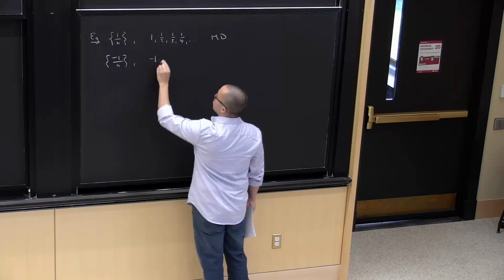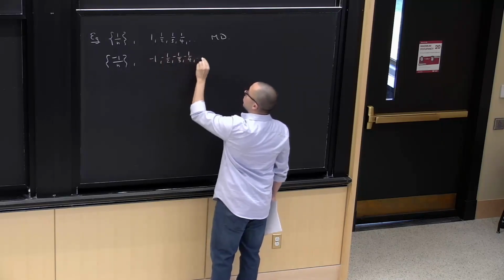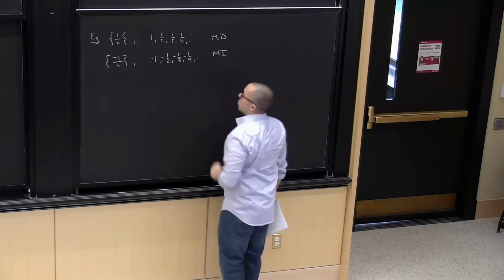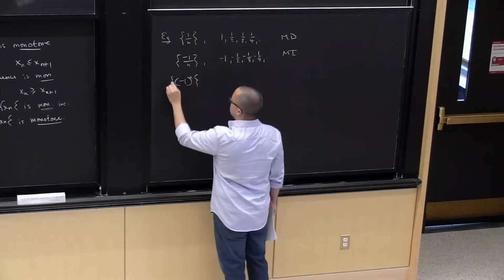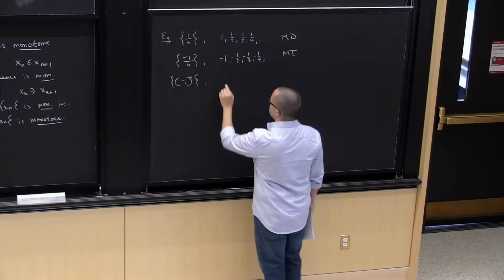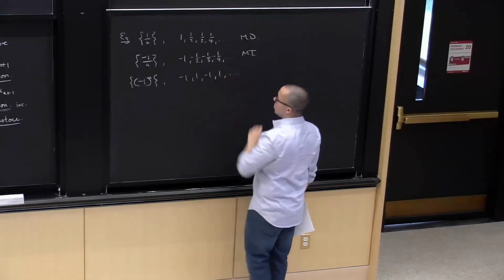So then this is minus 1, minus 1/2, minus 1/3, minus 1/4, monotone increasing. And then something that's not is what we've already come across, minus 1 to the n, and so on. Okay?